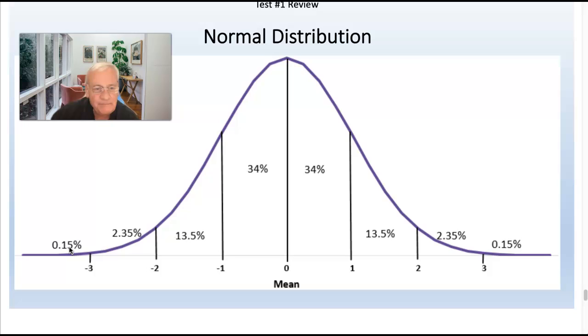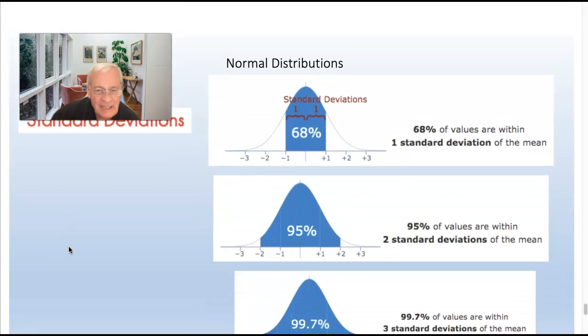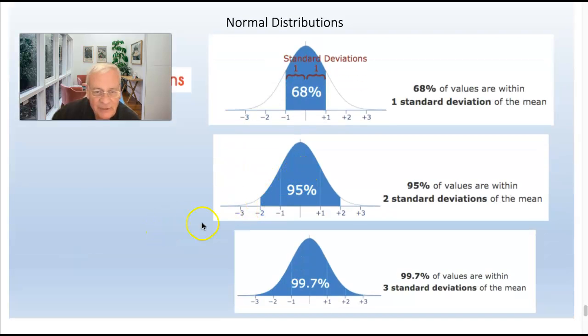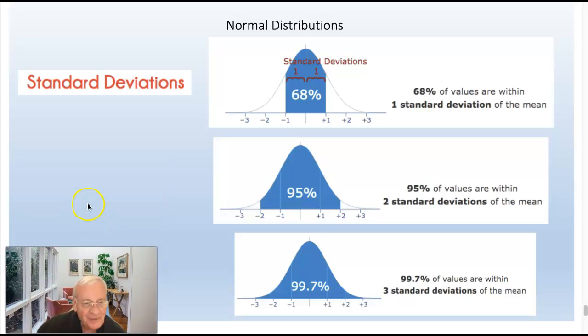We talked about that. And 68% within 1 standard deviation, 95 within 2. And guys, just so you know, it's like 99.7 within 3. Almost certainty within 3 standard deviations. Not always.